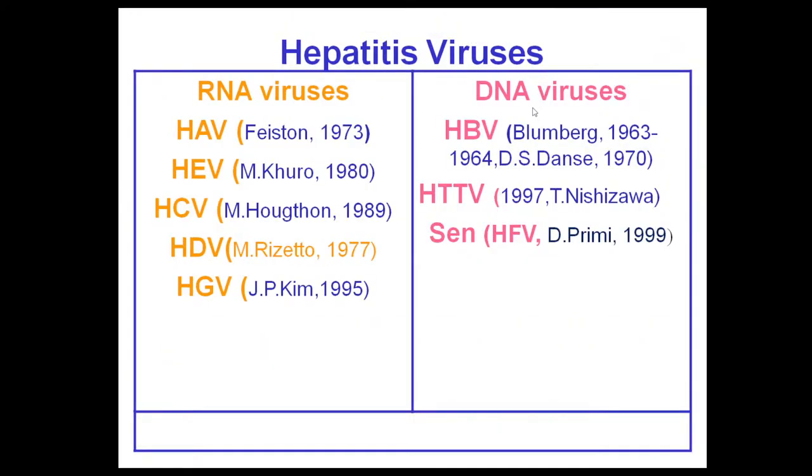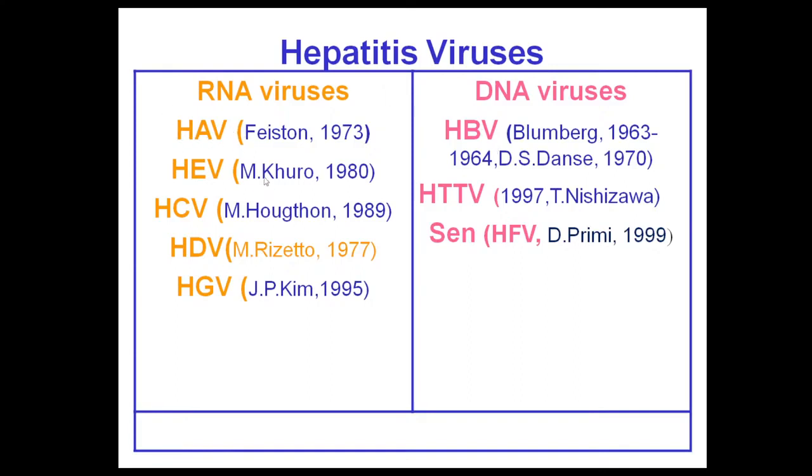So let's start with this table. You can see here the common table for both fecal-oral hepatitis viruses and parenteral hepatitis viruses, with the dates when they were discovered. You can see that the first discovered were hepatitis B virus and hepatitis A virus.